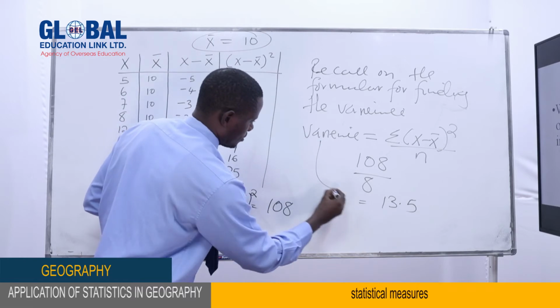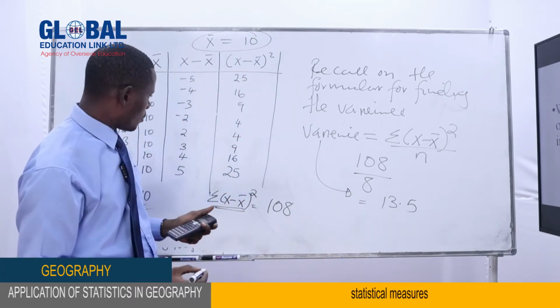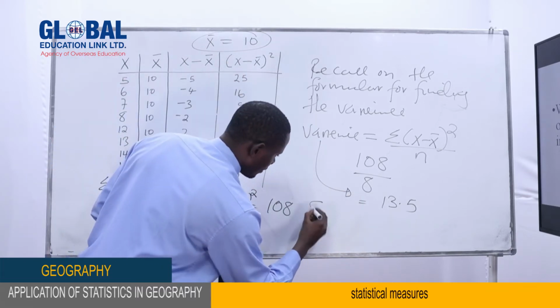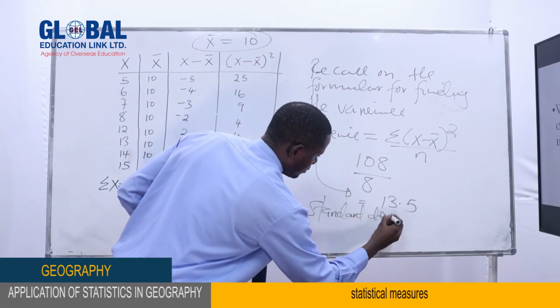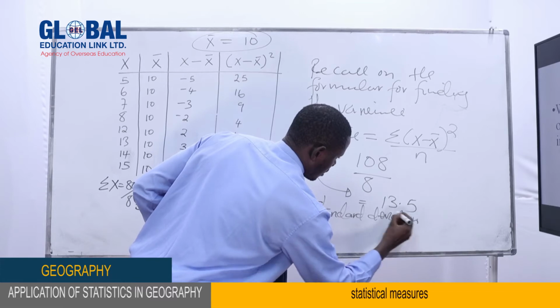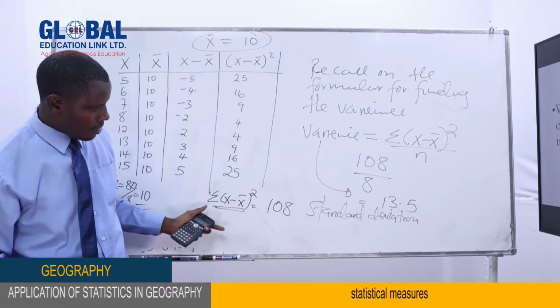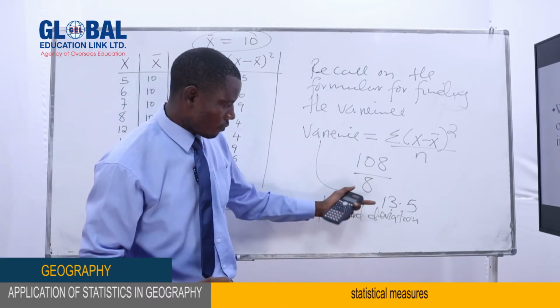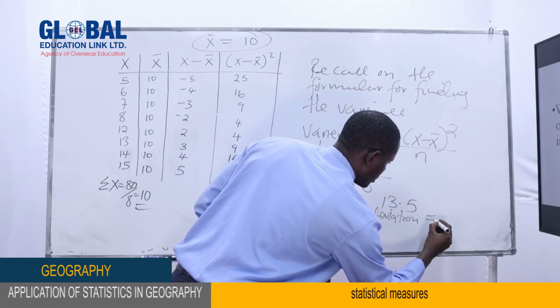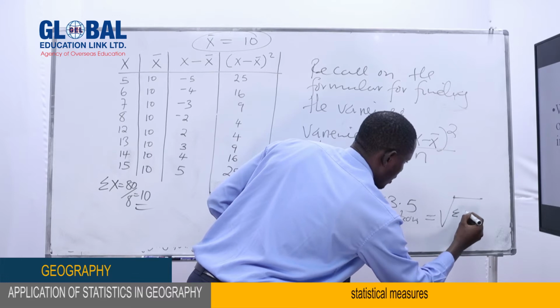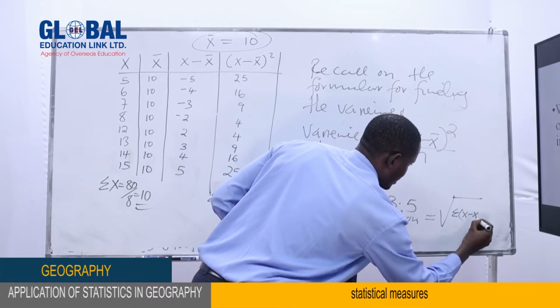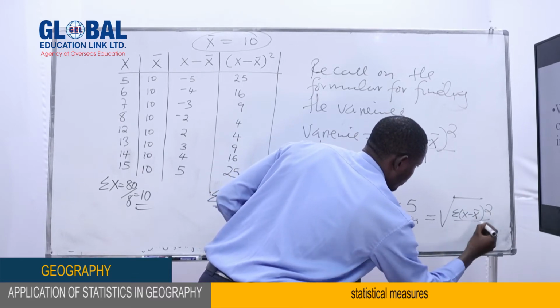But again, if we call on the second aspect, that's the standard deviation. As we said, it is given by taking the square root of the variance. So it's equal to the square root of the summation of (x minus x bar) squared, divided by n.